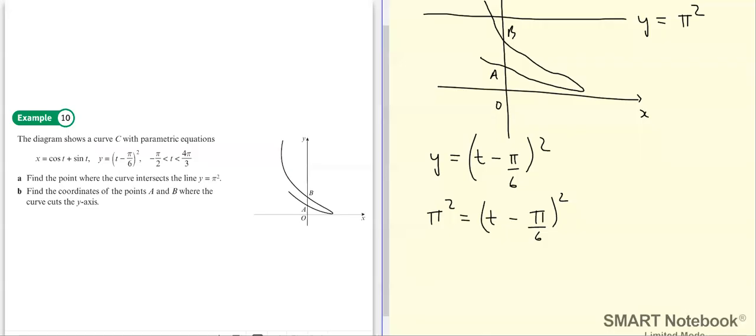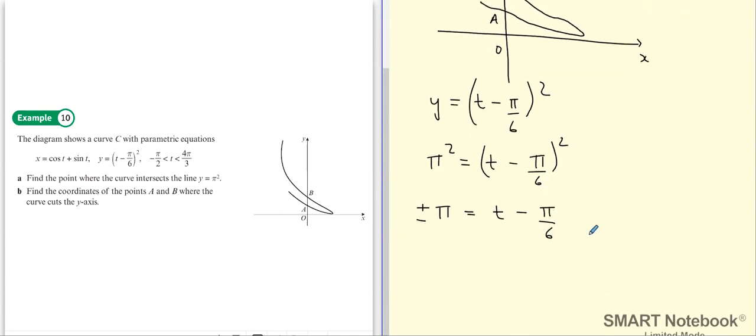So let's have a look. If we square root both sides, we get plus or minus pi equals t minus pi over 6. Okay, so you're realizing where errors are.